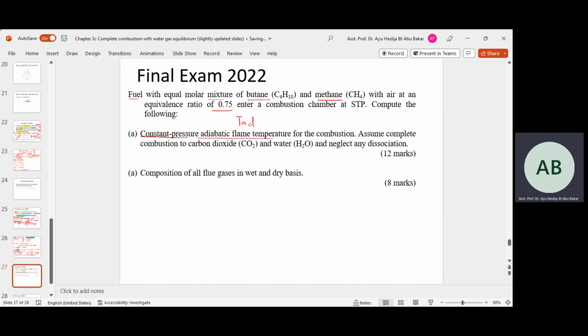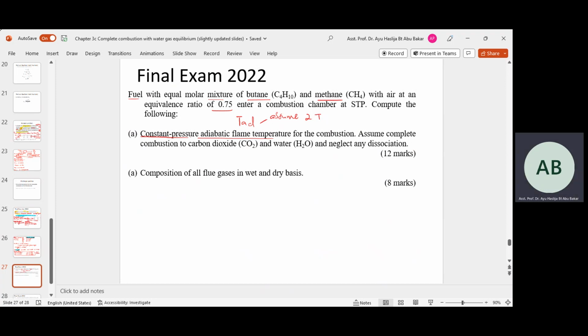Assume complete combustion. So this one asks you to find the TAD, where you need to assume a temperature. Constant pressure, it doesn't involve the PV equals RT equation.